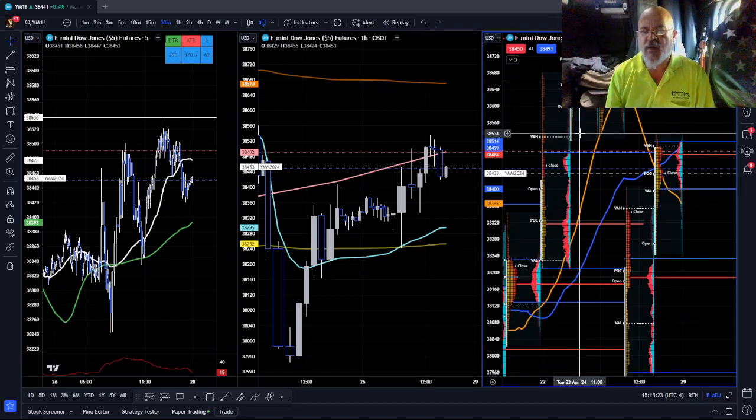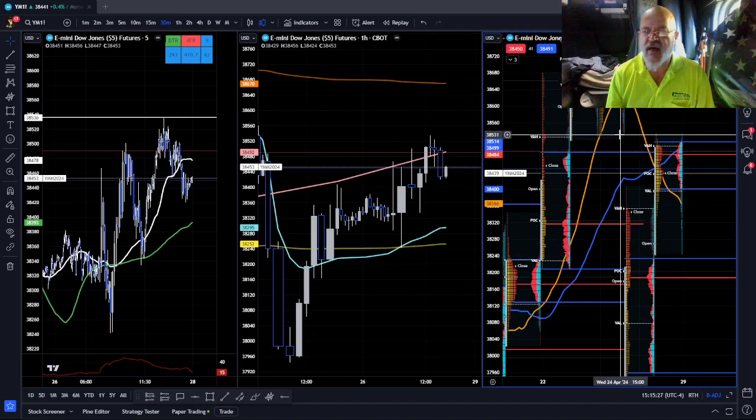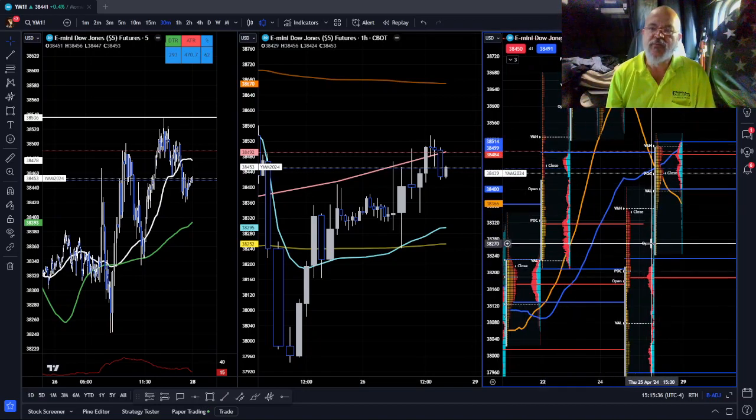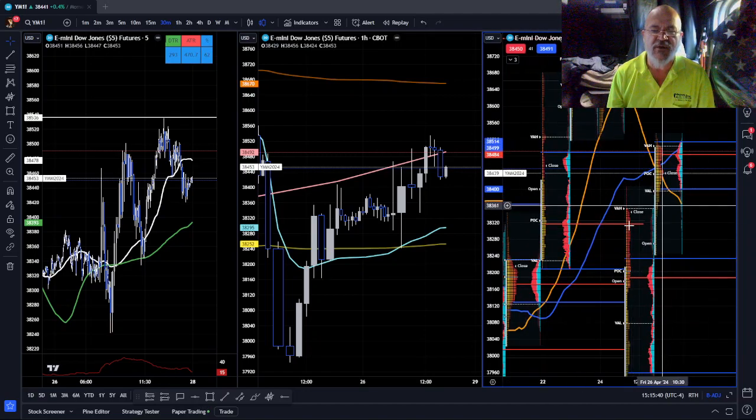We opened down here, so we had this gap from Thursday to Friday, and on Friday we went all the way up and filled that gap. So keep this on regular trading hours only.